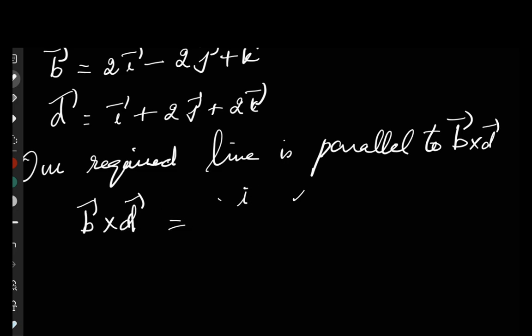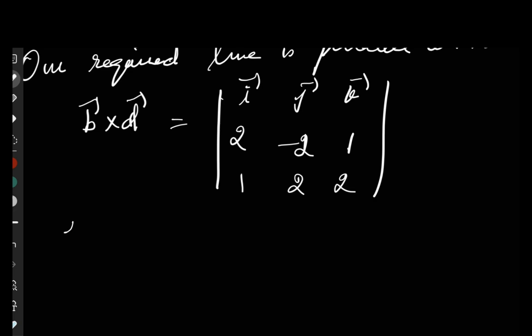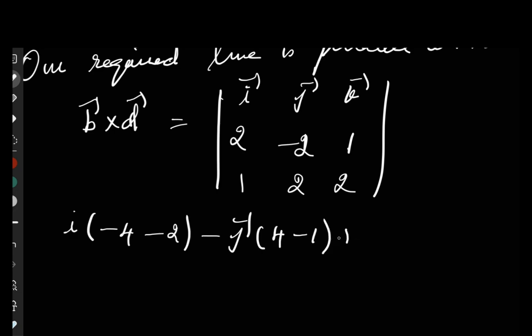Vector B cross vector D is equal to the determinant of i, j, k; 2, minus 1, minus 2; 1, 2, 2. So, i into minus 4 minus 2, minus j into 4 minus 1, plus k into 4 minus minus 2, so that becomes plus 2.